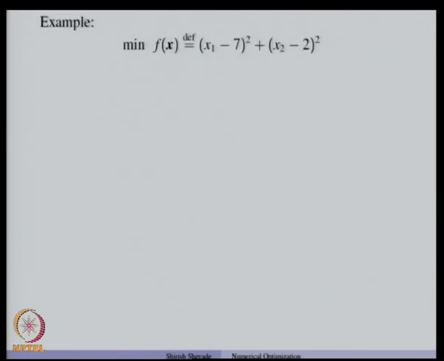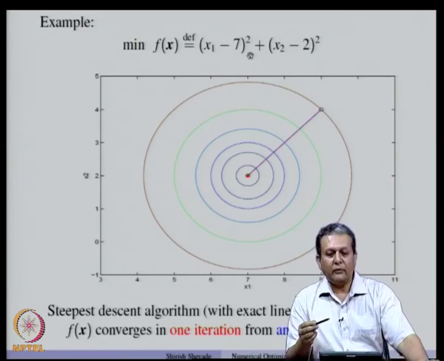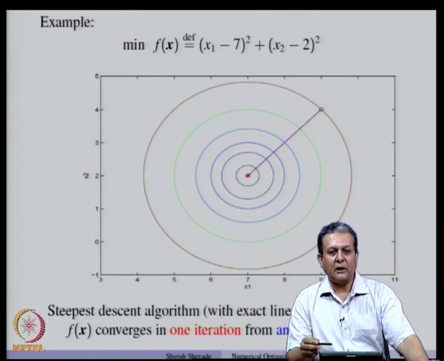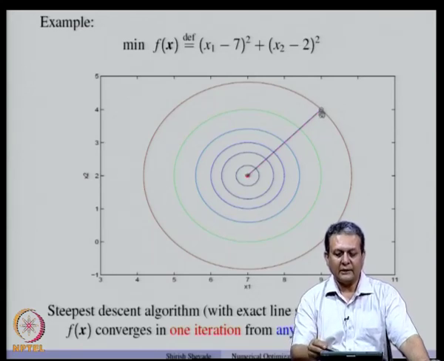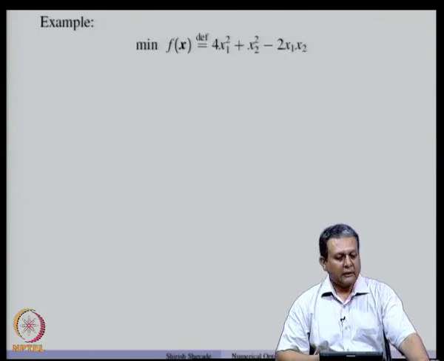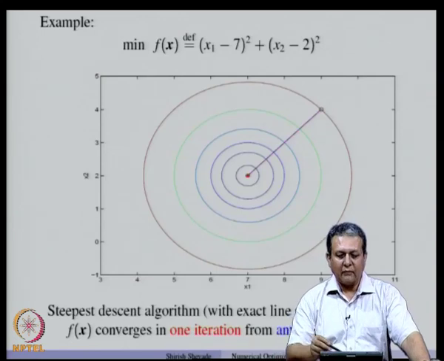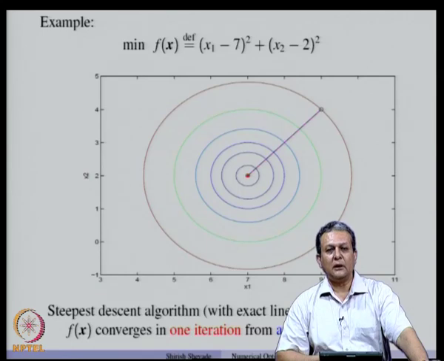Now, if we consider the same example that we saw earlier, we have taken the function (x1 minus a1) square plus (x2 minus 2) square, and we have applied the steepest descent algorithm with exact line search, and you will see that it converged to the optimum point in exactly one iteration. And then we also saw another example where if we start from some other point, it again reaches convergence in one iteration.